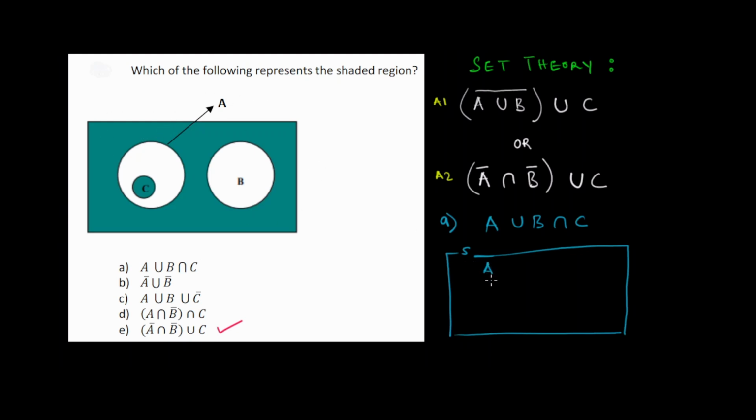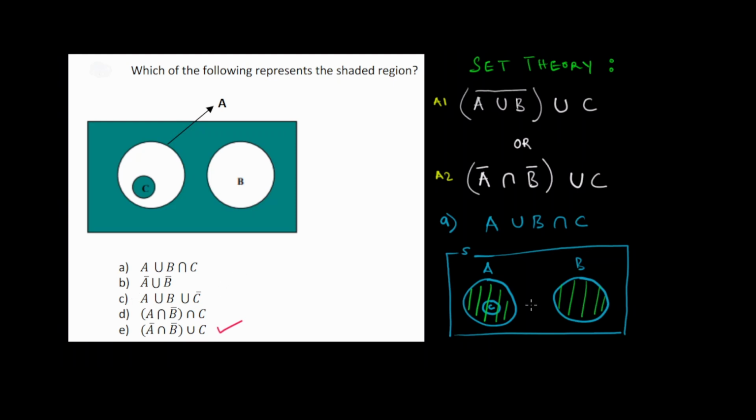So we are going to, in our representation, just copy the structure and see if A union B intersecting C is going to produce something like this. So A is going to be drawn as it is. Inside A, that's where we have C. Then B drawn as it is. A union B, what does it mean? It means we are shading inside A and also shading inside B. But this A union B is actually intersecting C. You understand?